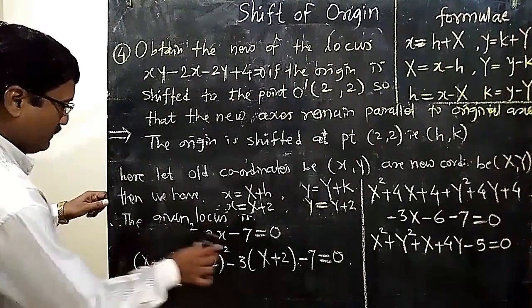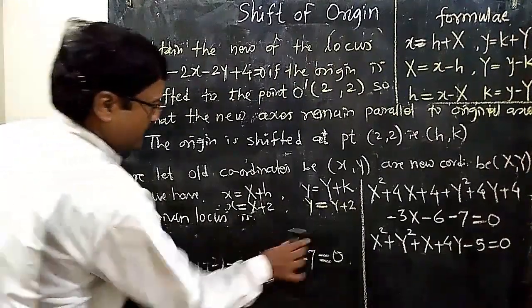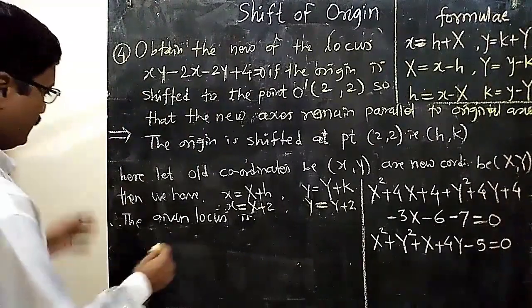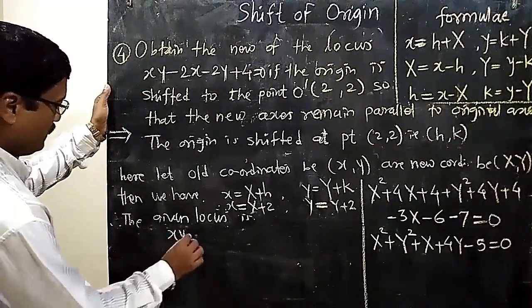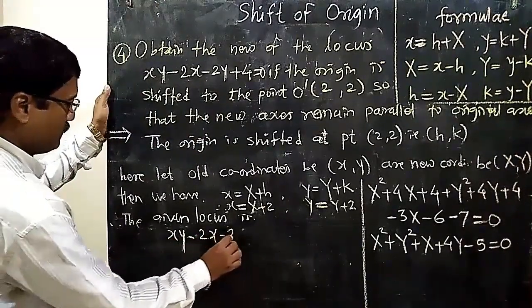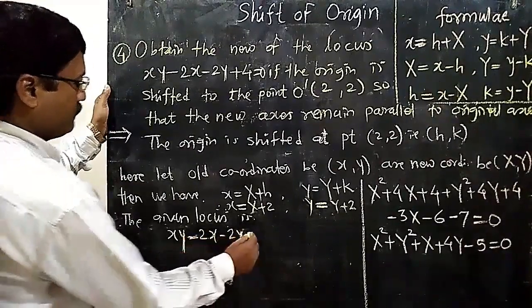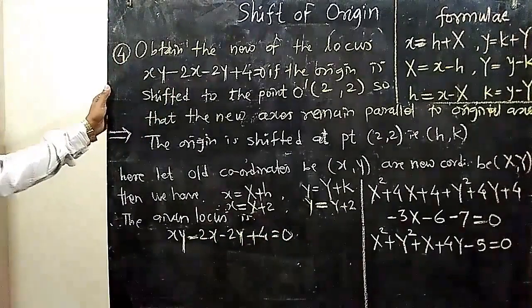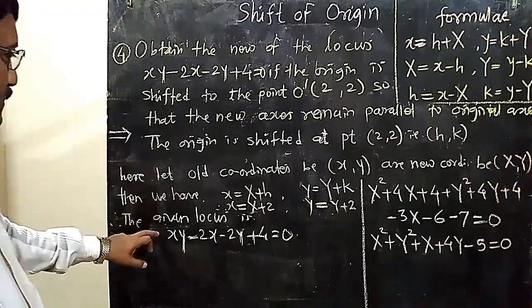Obviously, let us take the given equation of locus, that is xy minus 2x minus 2y plus 4 equal to 0.